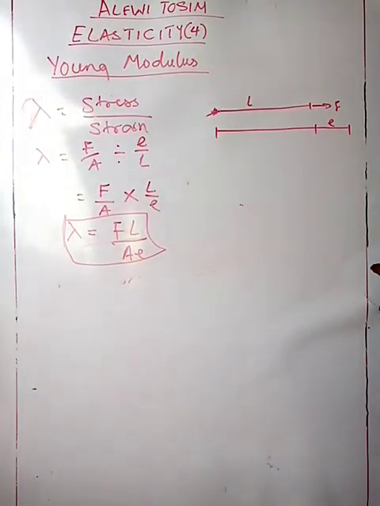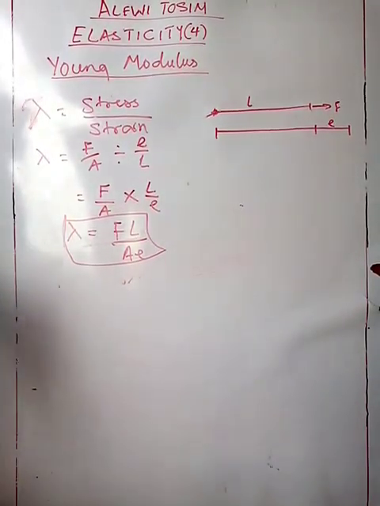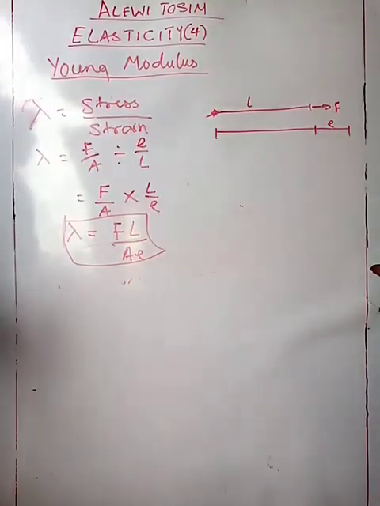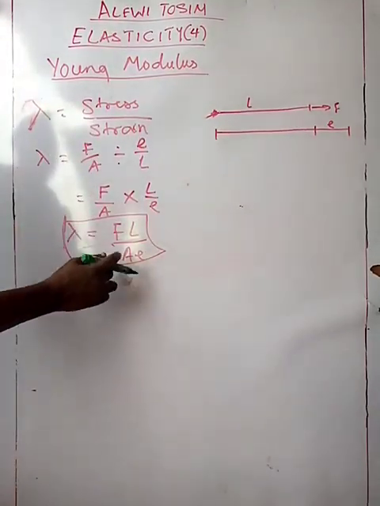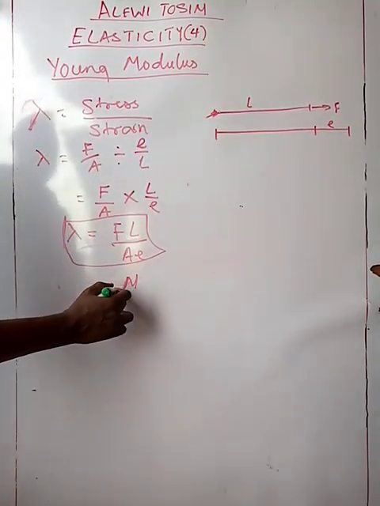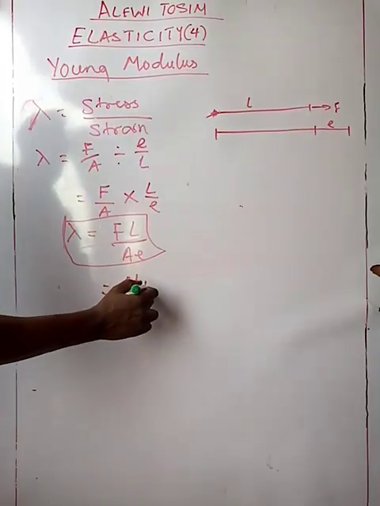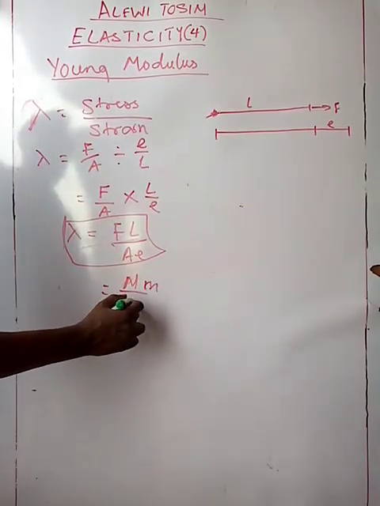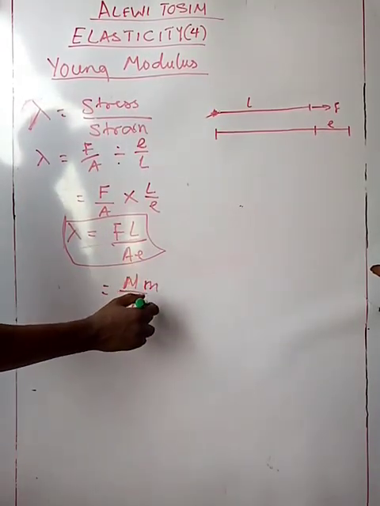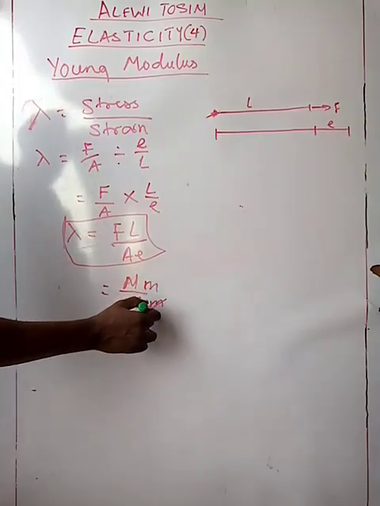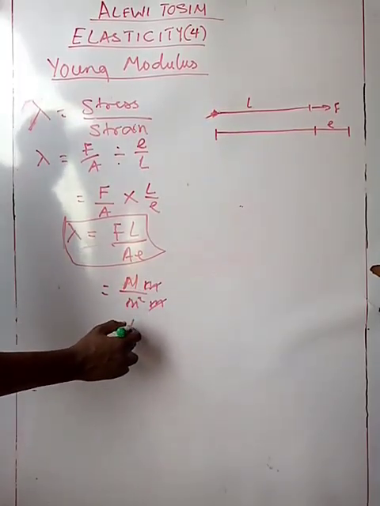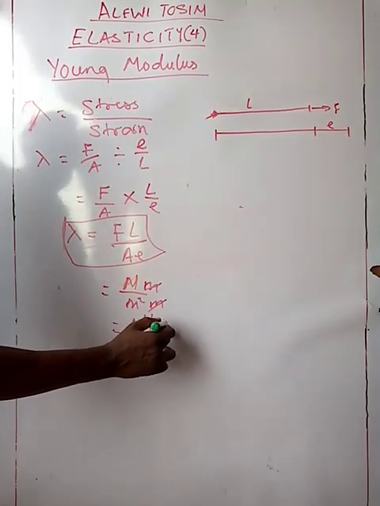Now let's derive the unit for Young modulus. Our F is measured in Newton. Our L is measured in meters. Our A is meter square, the area. Our e is also in meters. So this cancels this, and you are left with Newton per meter square.